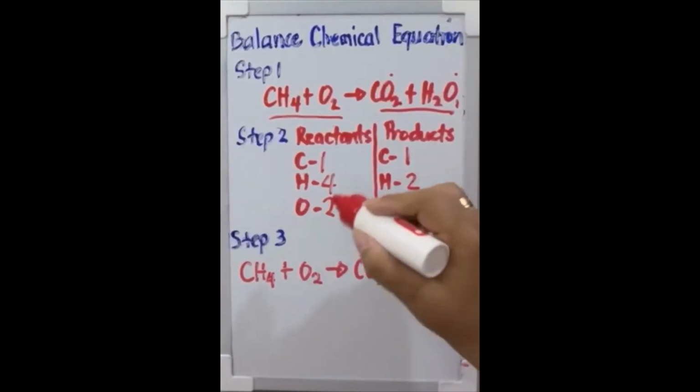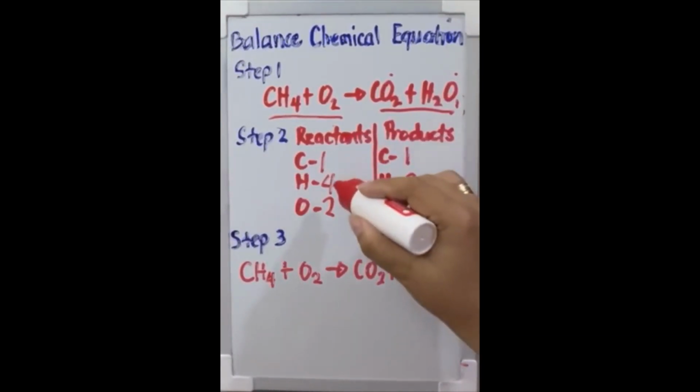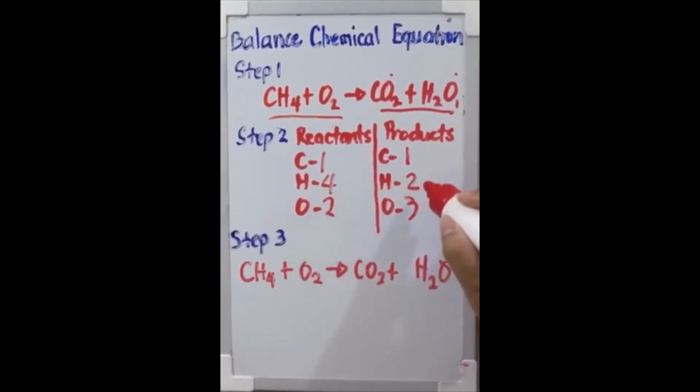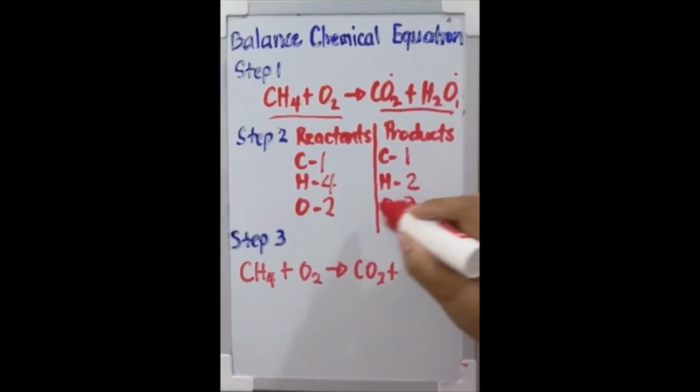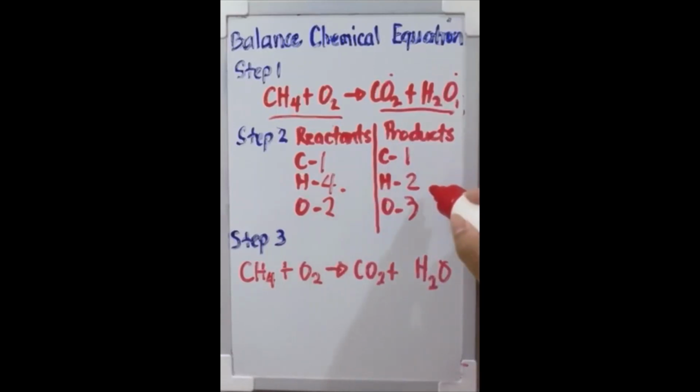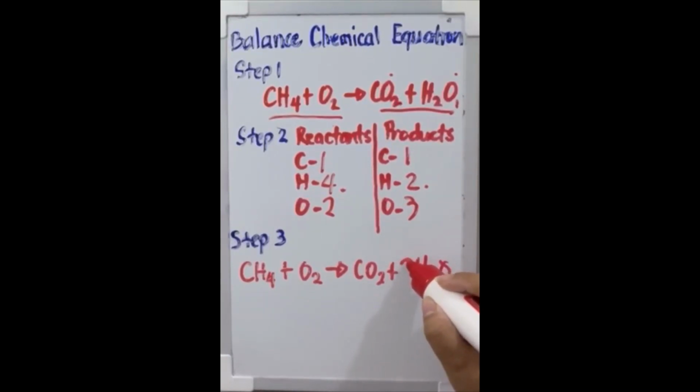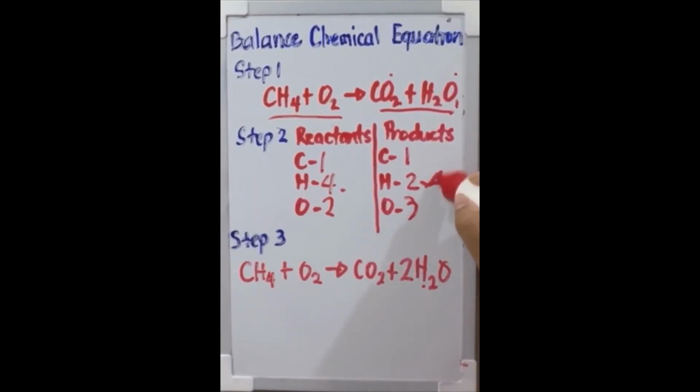Okay, so carbon is balanced. We have an unbalanced number of atoms for hydrogen. This is 4 and this one is 2. So we need to make hydrogen 4. We can add a coefficient of 2, so that when we multiply 2 times 2 for hydrogen, this becomes 4.